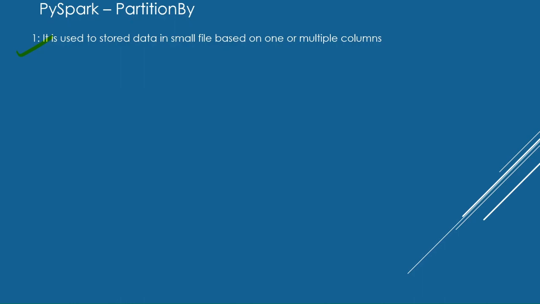So suppose you search for records of Bihar state, it will not search the rest of the 28 states. It will only search the Bihar state folder. That's why the processing speed will be very fast and we can save a lot of cost.